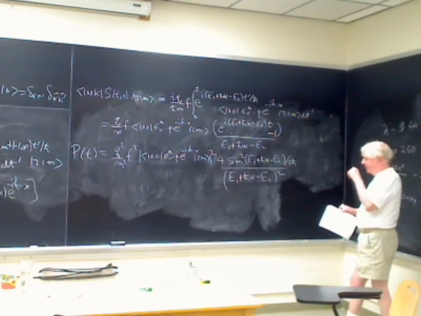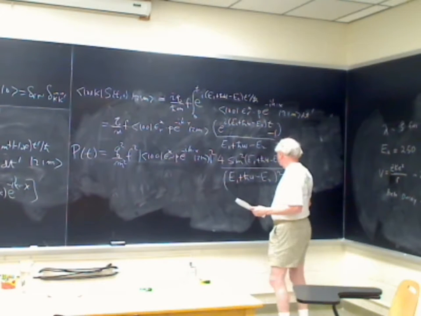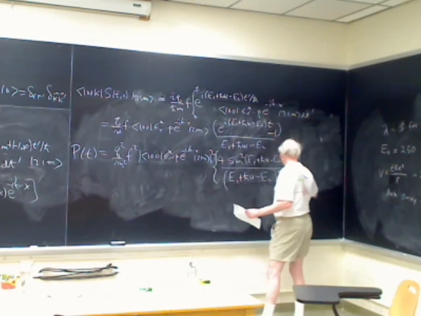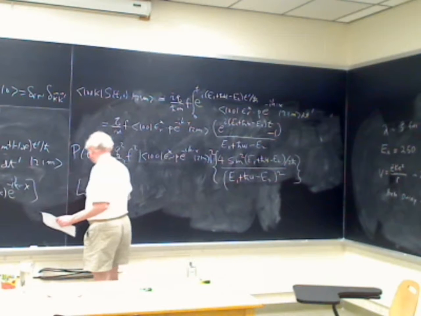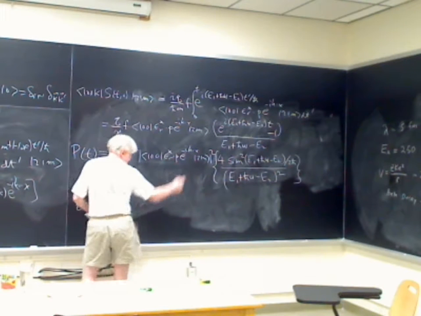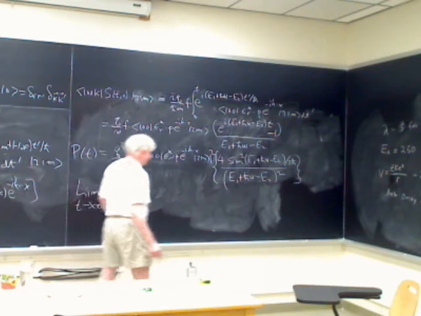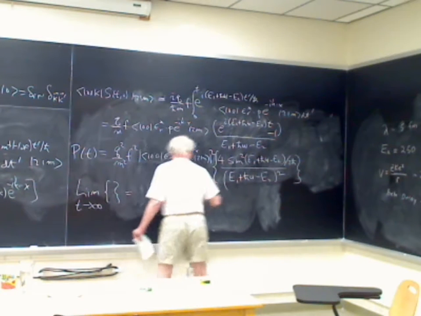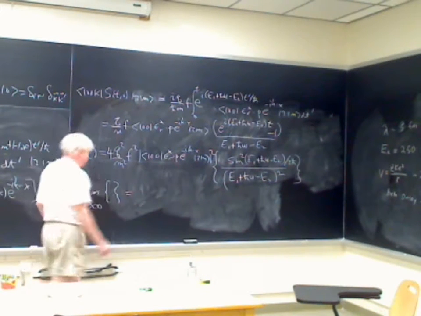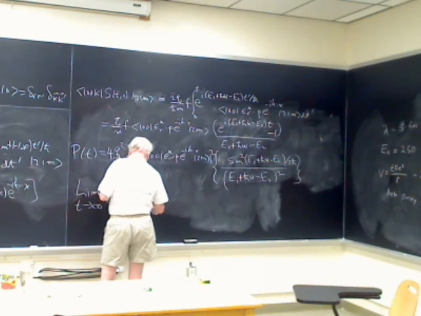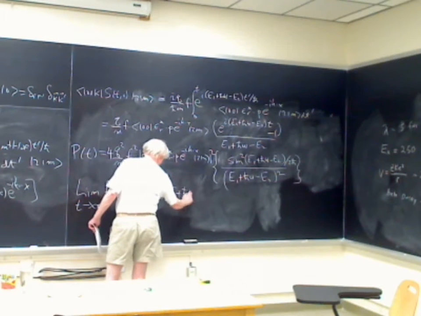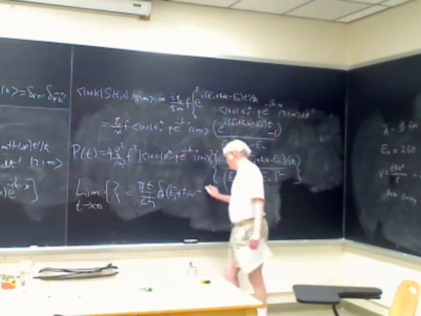Okay. And remember, we have our magic delta function formula, which says that the limit as t goes to infinity of the stuff in curly brackets, well, with the 4 actually, is pi t over 2 h bar delta of the energy difference between the initial and final state's energy.